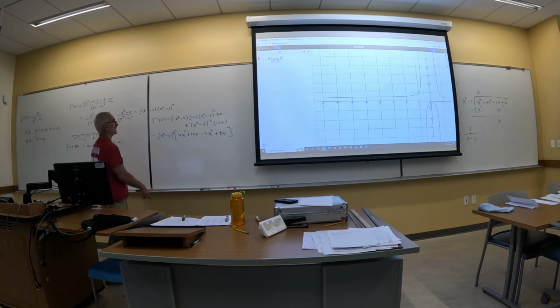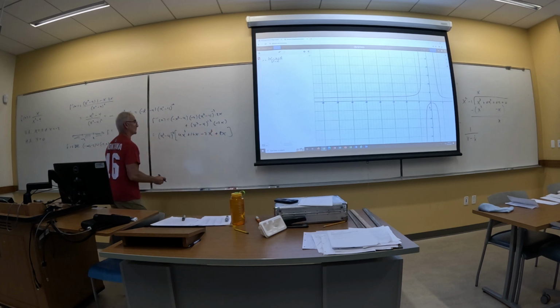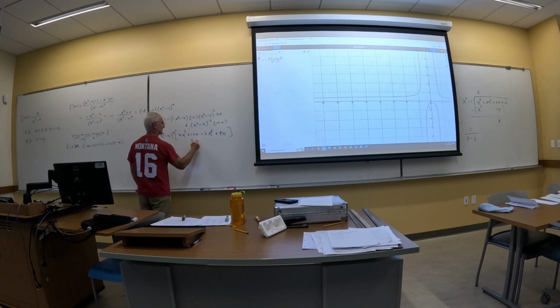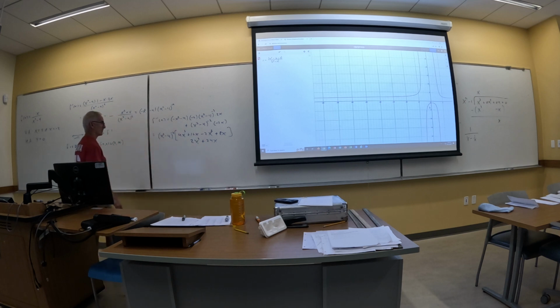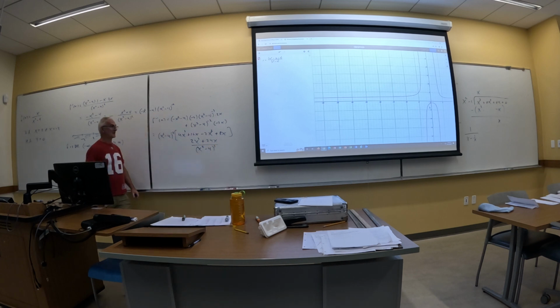Did I mess that up, or is that okay? Oh, times negative 2x, sorry, cubed. Now, okay, so let's clean the inside. That looks like 2x cubed plus 24x. Is that right? Okay, all over this. This is my second derivative.